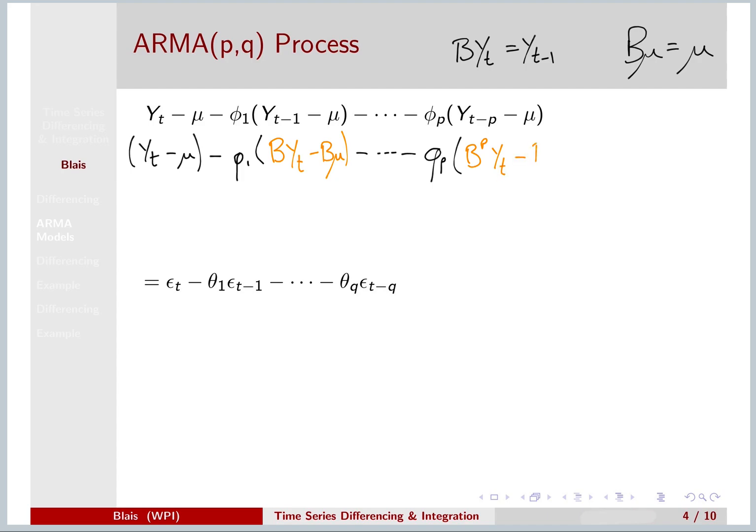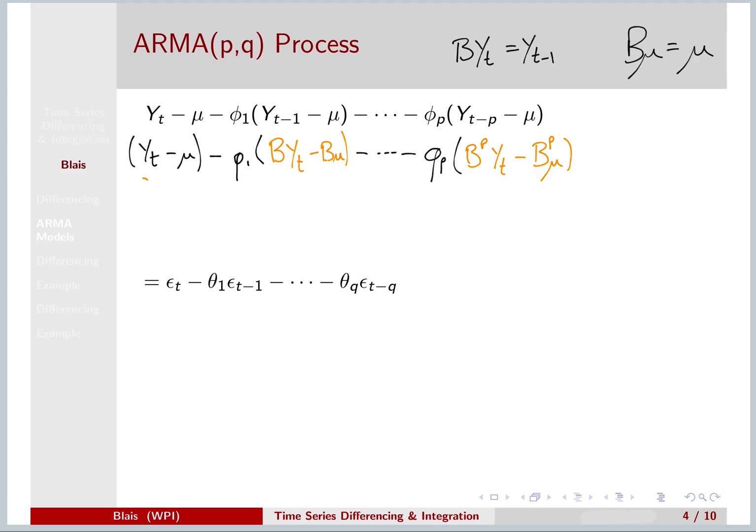And because mu is unaffected by B, we can also apply the backwards operator B^p to mu. And what we can notice here is we can factor out our B terms.